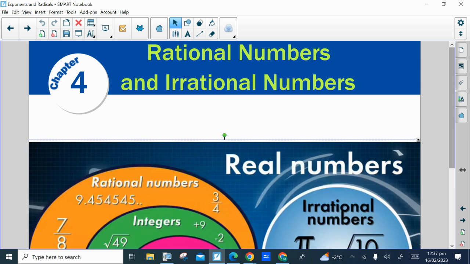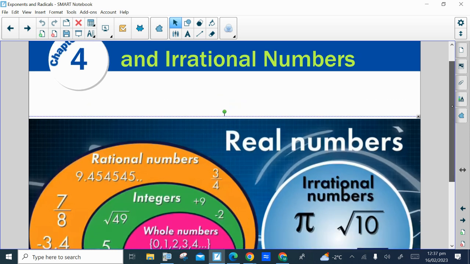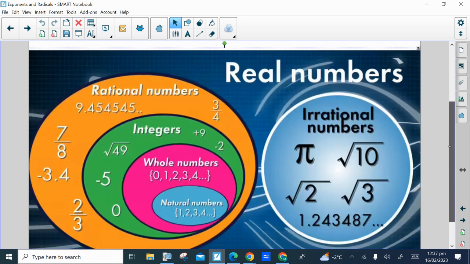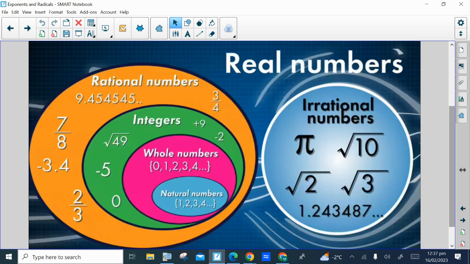So we're going to finish off the last 2 days of this chapter talking about rational and irrational numbers. We've already talked about these a little bit. Rational numbers are any number that can be expressed as a fraction in the form a over b. So 3/4, obviously that's a fraction, that's a rational number. 7/8 is a rational number, and 2/3 as well.